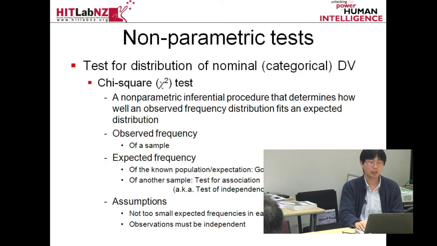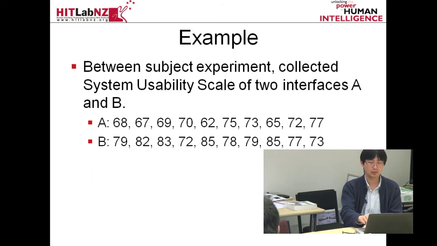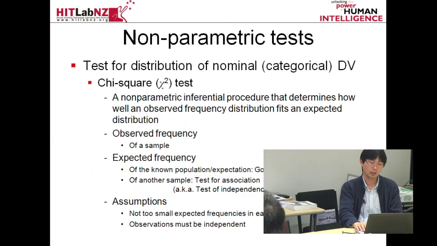There are also other non-parametric tests that might be useful for analyzing other types of data, such as nominal data. You cannot use the previous tests on nominal data because those tests assume the data are at least ordinal, so that you can say which one has a higher value than the other. But with nominal data, it's just a matter of choosing an interface.